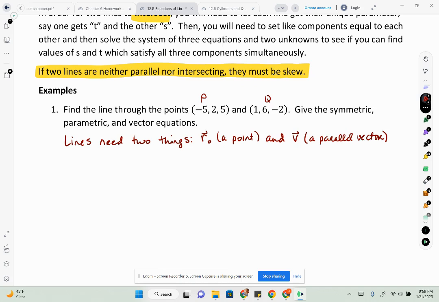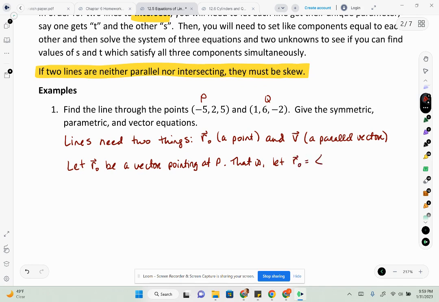Okay? We can go ahead and let R naught be a vector pointing at P. That is, let R naught equal the vector -5, 2, 5. That will be a position vector that starts at the origin and ends at the point P.